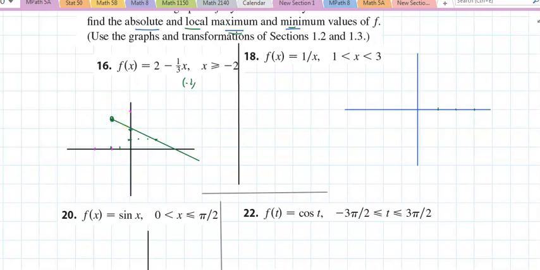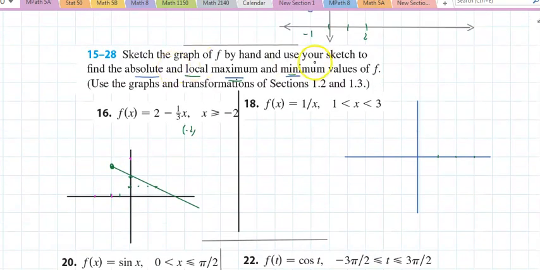They say here, sketch the graph of this, find the absolute and local maximums and minimums. Well, we have an absolute max of, actually, I could plug the -2 in, 2 1/3 at x equal -2.